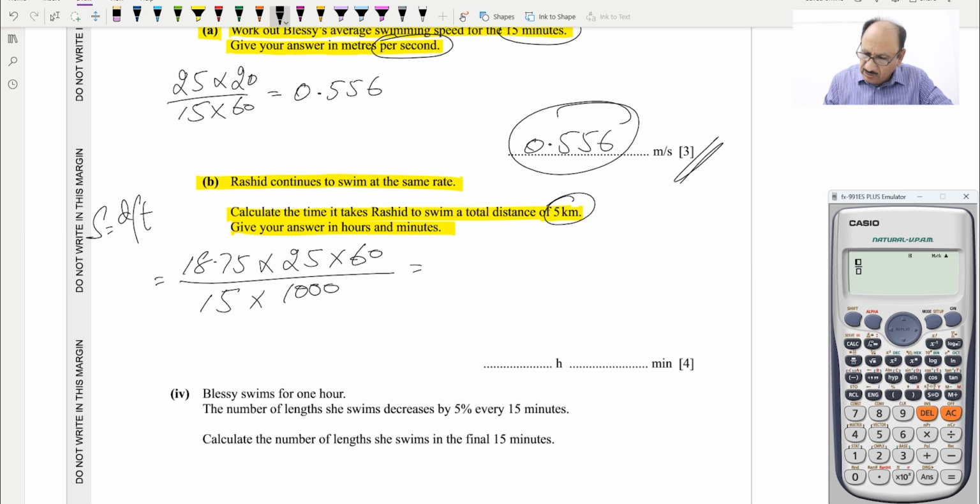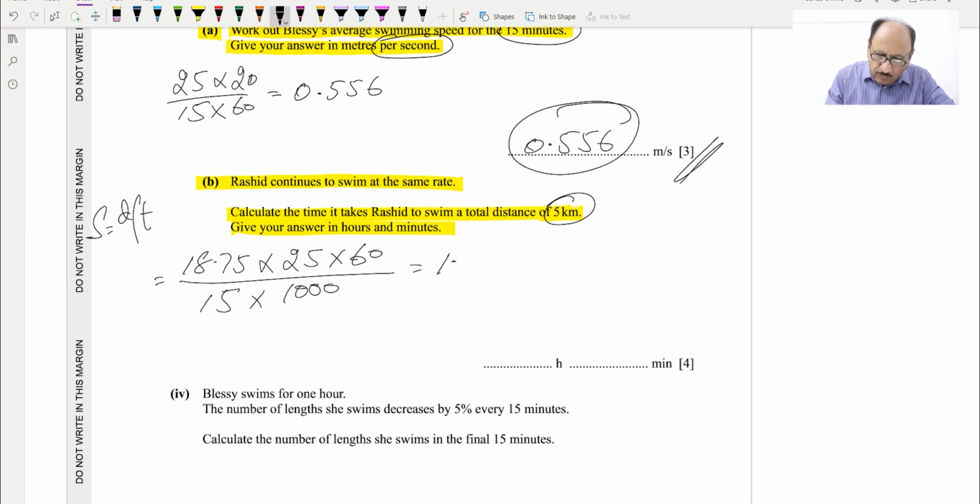So this will be 18.75 multiplied by 25 multiplied by 60 over 15 into 1000, and this is giving us 15 by 8, or we can write it as decimal 1.875, and this is speed in kilometers per hour. So we first calculated the speed. Now we have to calculate the time, and we know time is equal to distance over speed, and we will be calculating that now.